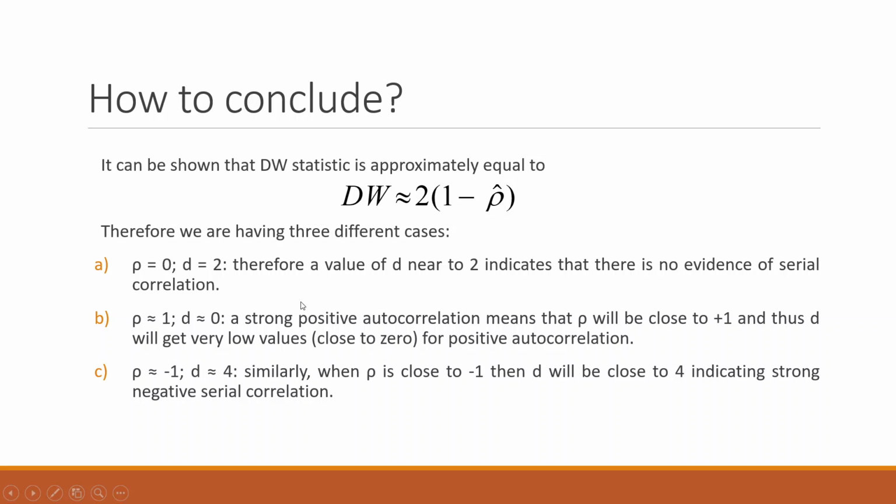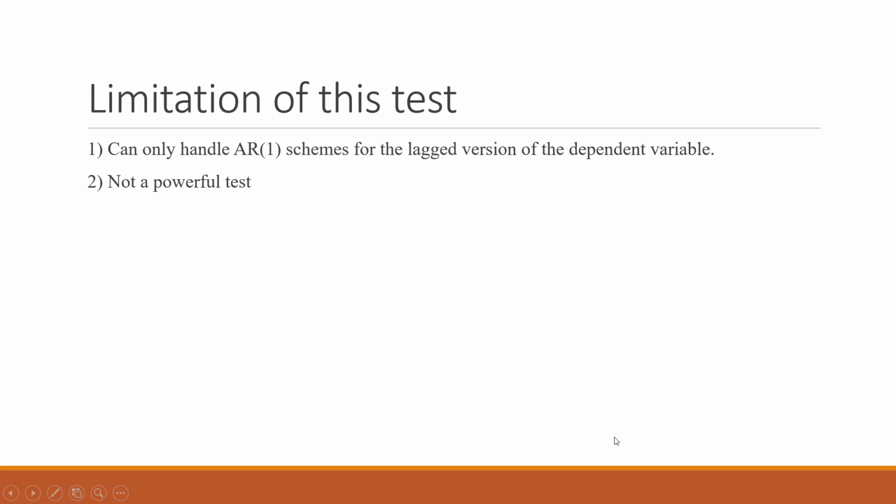If rho is equal to 1, then D is equal to 0, which indicates a strong positive autocorrelation; when rho is close to plus 1, D will take very low values. If rho is minus 1, D is 4. Similarly, when rho is close to minus 1, D will be close to 4, indicating a strong negative serial correlation. What are the limitations of this test? This test can only handle AR1 schemes and it is not a powerful test.